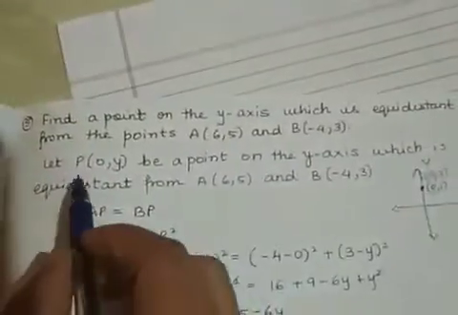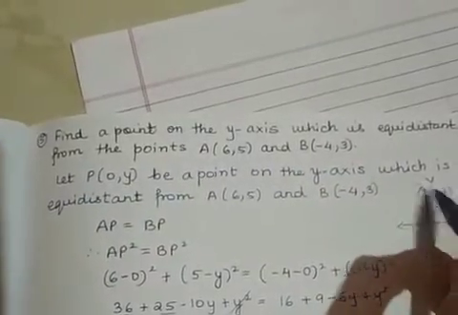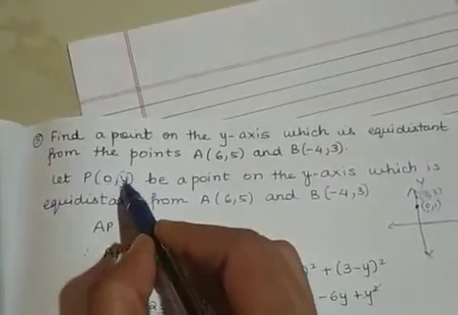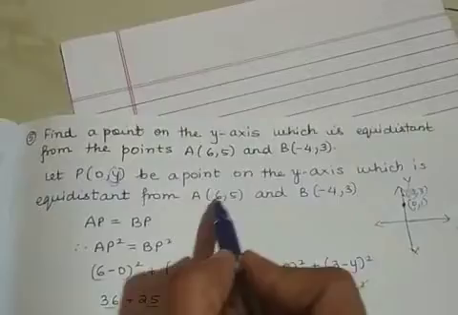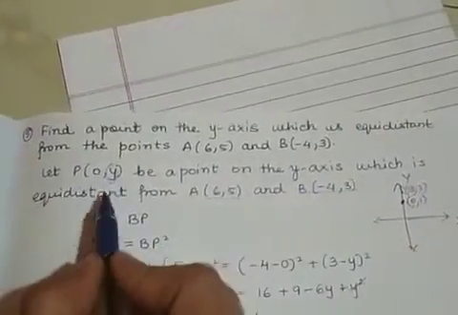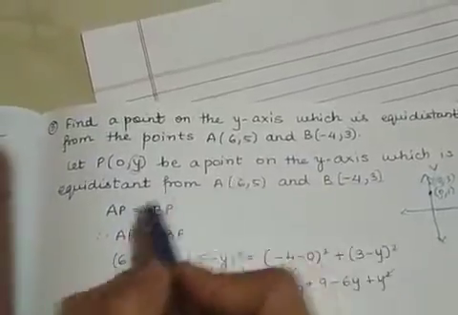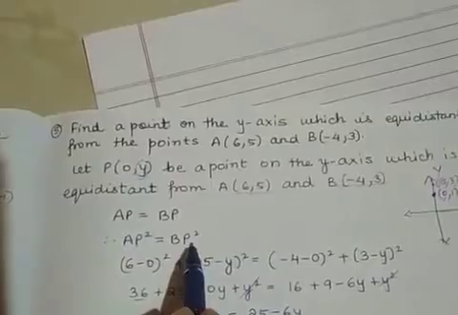So let us take a point P(0, y) on the y-axis. We're just taking a general point y. So let P(0, y) be a point on the y-axis which is equidistant from these 2 points. And we just saw in the previous example that if it is equidistant, then you can write AP is equal to BP. So AP square will be equal to BP square.